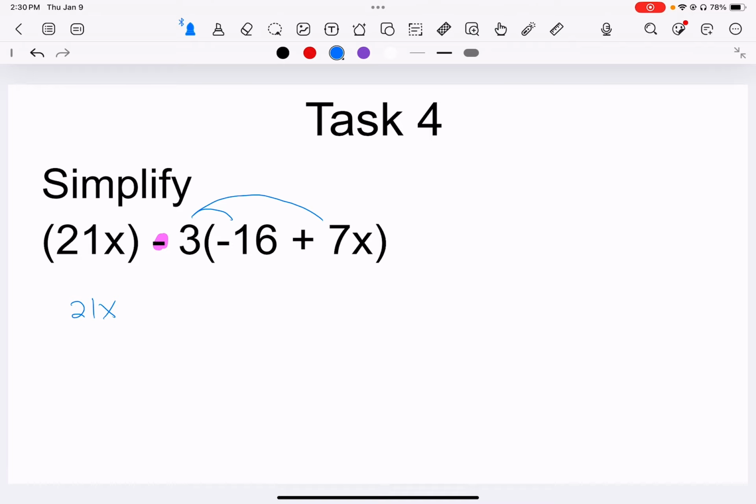So -3 times a -16 is a positive 48. -3 times a positive 7x is a negative 21x. Combine my like terms, 21x minus 21x is 0, so I don't have to write it, so I'm just left with 48 as my final simplified expression.